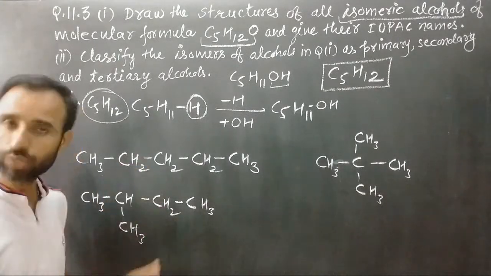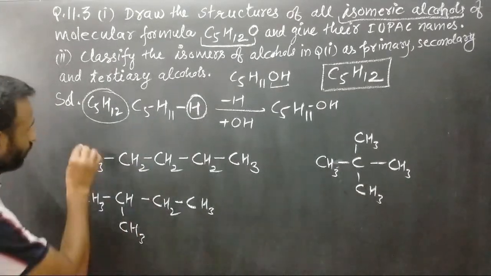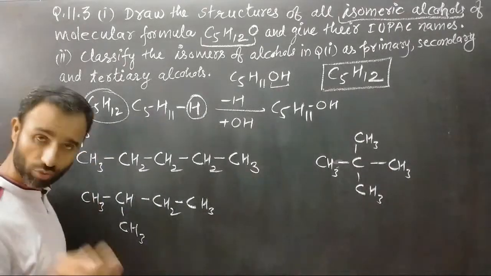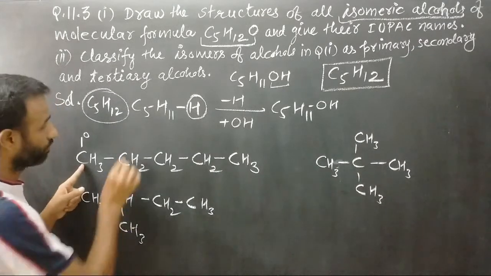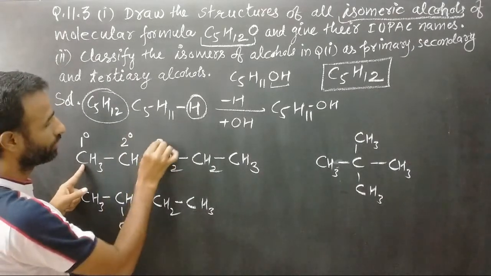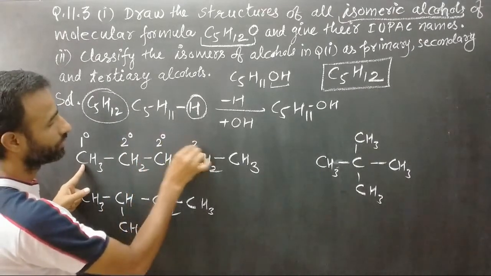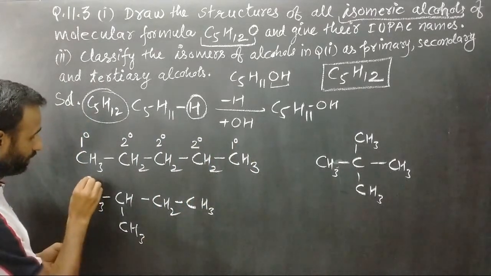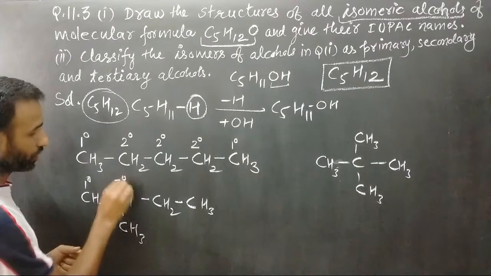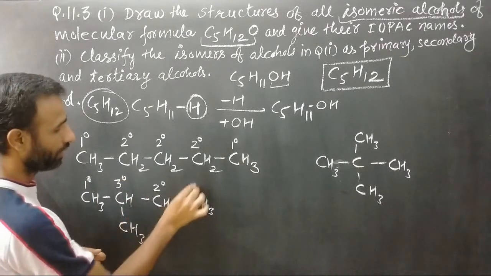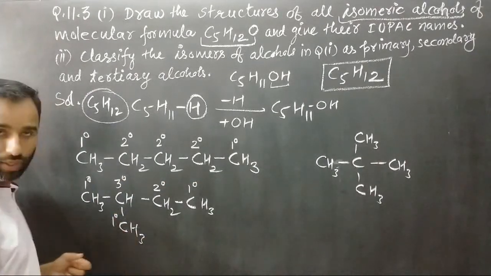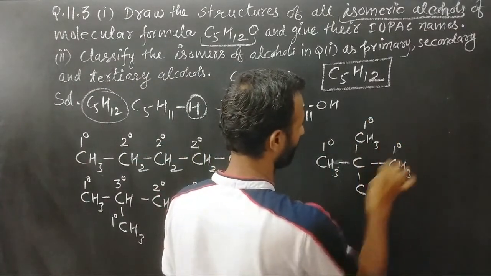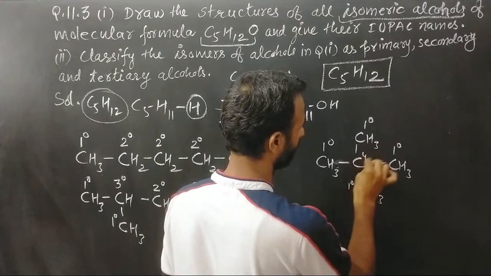Now from these pentanes, we will identify the type of carbons and hydrogens. Primary carbon, secondary, secondary, secondary, primary. In this case, primary, tertiary, secondary, primary, primary. Here primary, primary, primary, primary, quaternary.